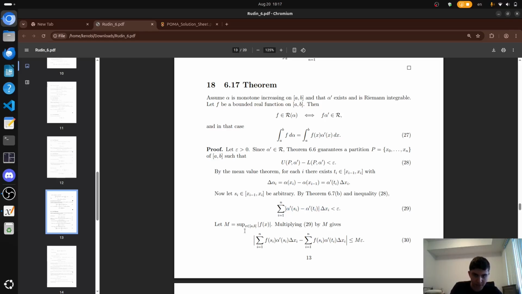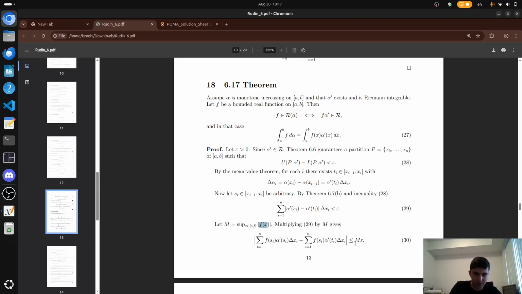Let capital M be the supremum of the absolute value of f of x. Multiplying by M gives us the sum from i to n of f of si alpha prime of si delta xi minus the sum from i to n of f of si times alpha prime of ti delta xi, because all the f of si's over here, their absolute values are going to be less than the absolute value of this over here.